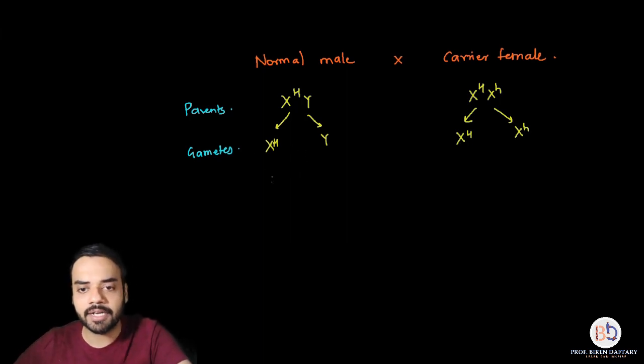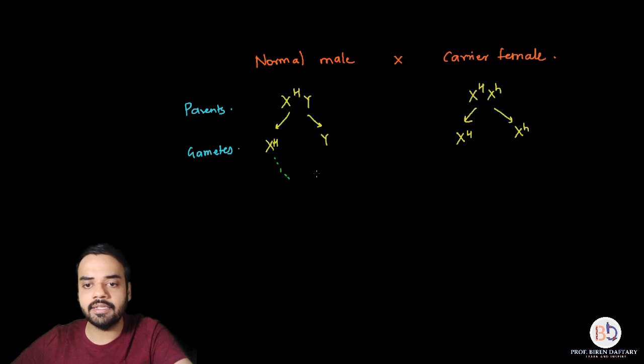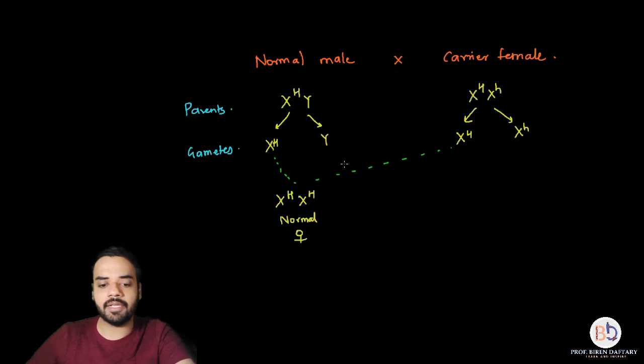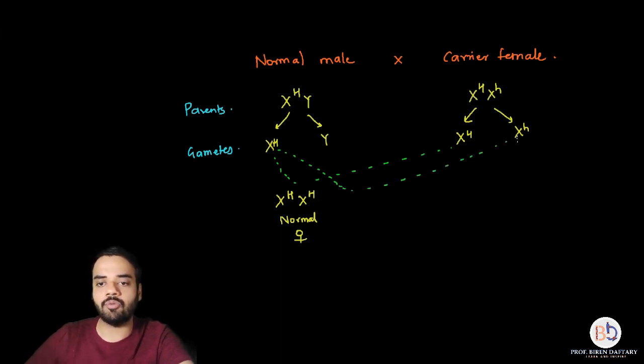Now the next thing is you have to combine the gametes. So let us just combine. The first combination is going to be this and this. So we get X capital H, X capital H. What is this? This is a normal female. So let me write down over here normal female. Right? The next combination is going to be X capital H and X small h.